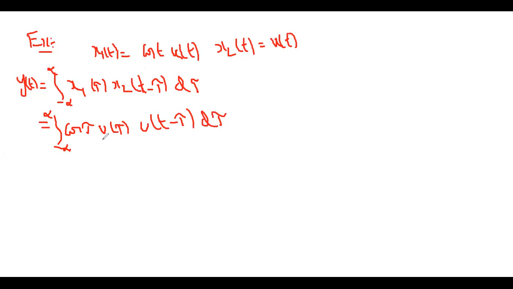We know mu of tau and mu of t minus tau change the range to 0 less than or equal to tau less than or equal to t. So using these limits, 0 to t, cos tau d tau.